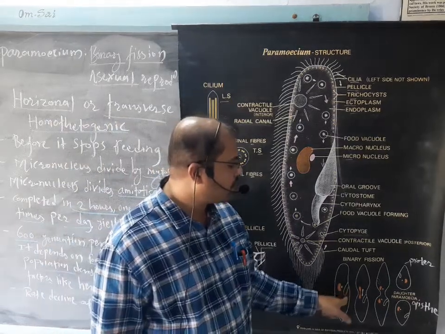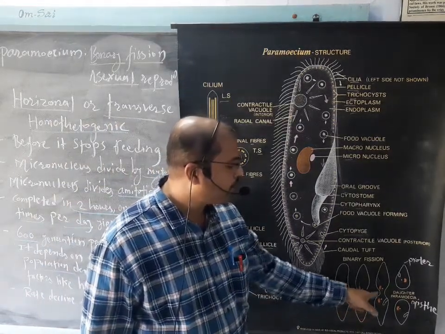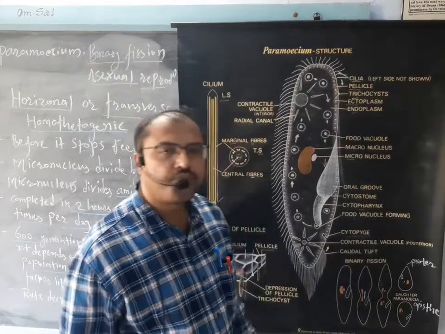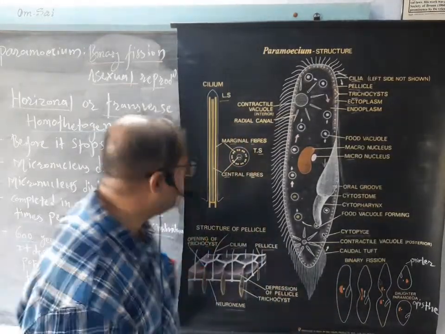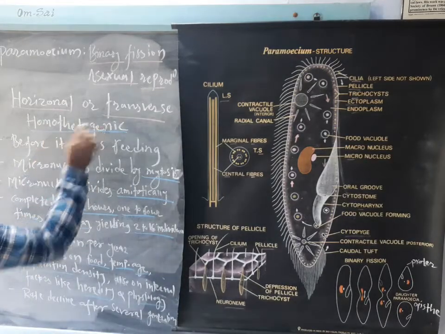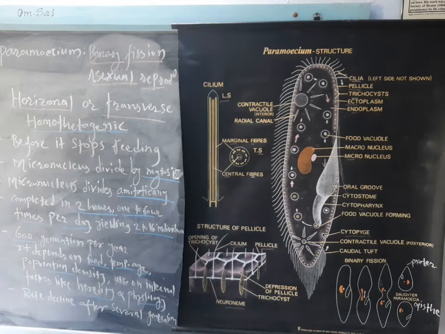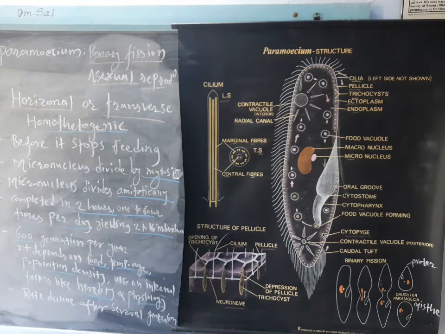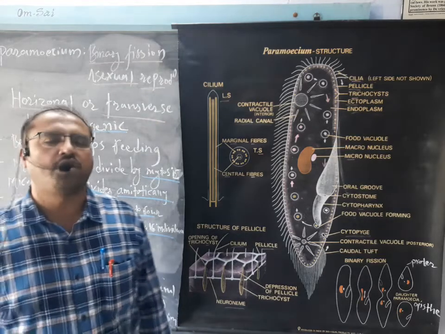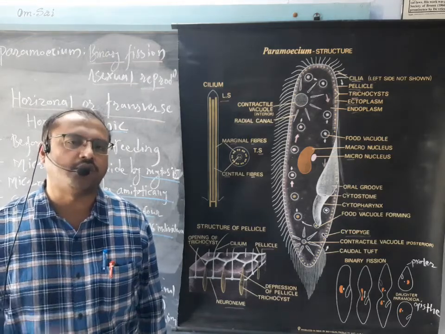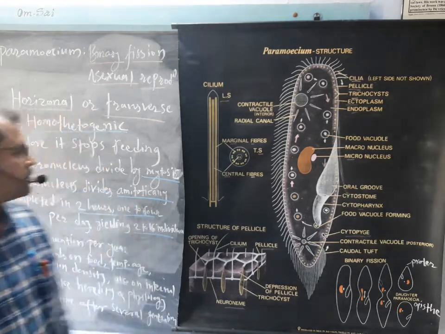This process is also called homothetogenic binary fission, or transverse binary fission, in which a single parent Paramecium divides and produces two daughter paramecia, or offspring.